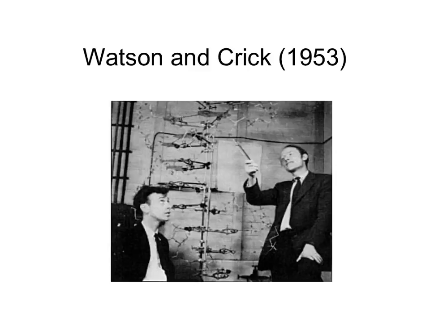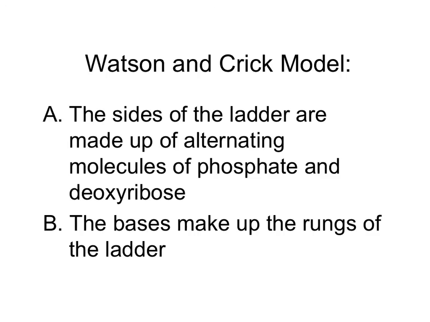Here are these two people describing their structure that they came up with. There's Watson very arrogantly describing it. What's key is that the ladder itself is made of that phosphate sugar backbone, but the rungs, and again, rungs are the steps or the little dowels in a ladder that you're able to grab onto and walk up.